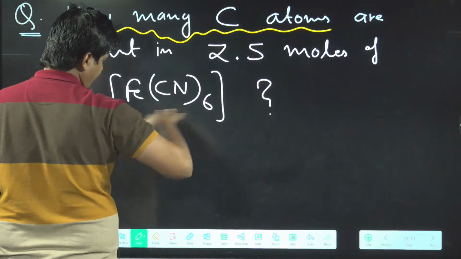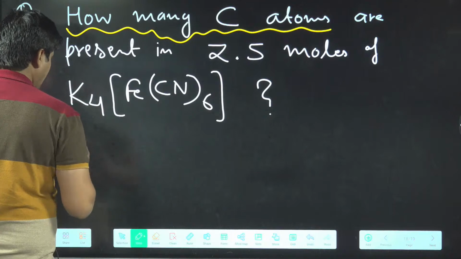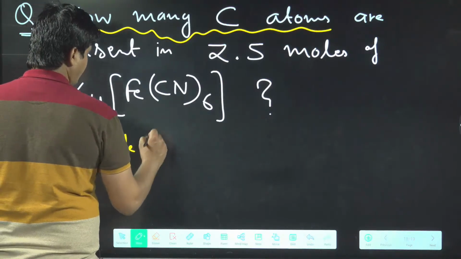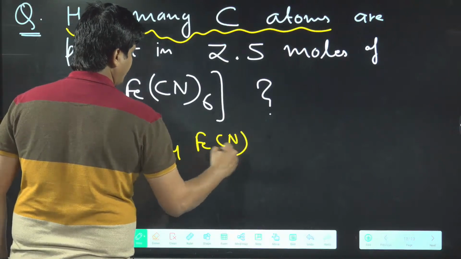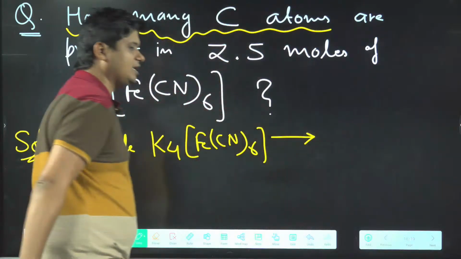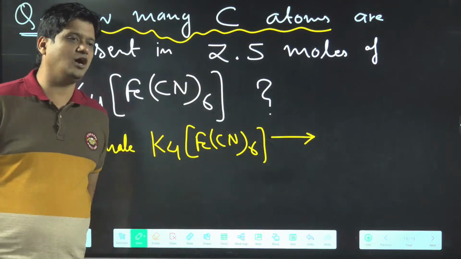So now carefully take a look at this formula. 1 mole of K4Fe(CN)6 contains, please reply, how many moles of carbon? 1 mole of K4Fe(CN)6 contains how many moles of carbon?